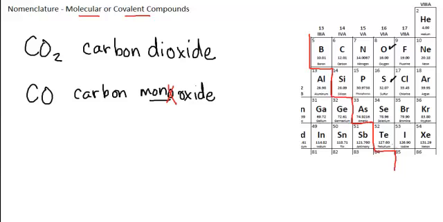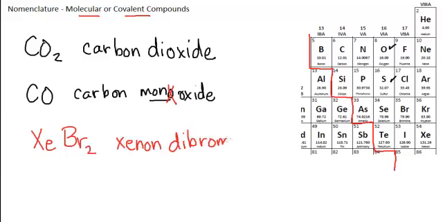All right. We often see the heavier noble gases being involved in covalent compounds. So for example, we might see this compound. This is xenon, this is bromine. I would call this bromide, so this is xenon dibromide. Xenon dibromide. So again, the pattern. Name the first guy.